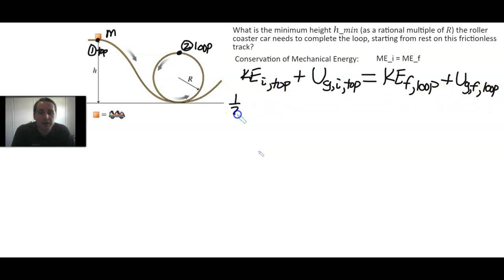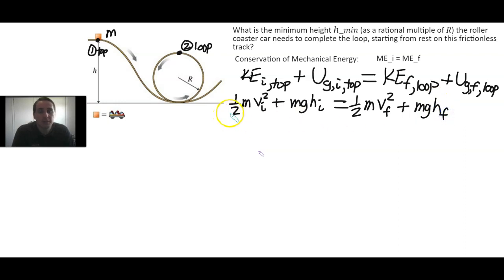So this is 1/2 little m v initial squared plus mgh initial is equal to, and that's going to be 1/2 mv, let's call it final squared, because that's at the top of the loop, plus mgh final. Okay, so now let's walk through this.